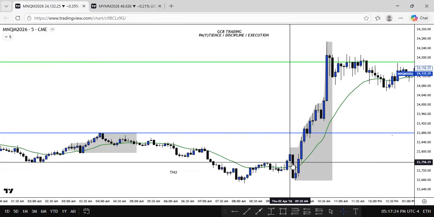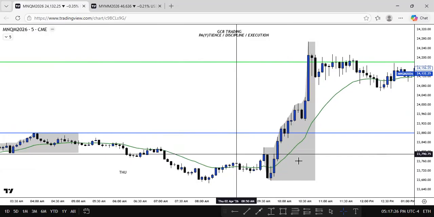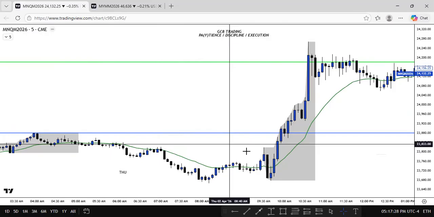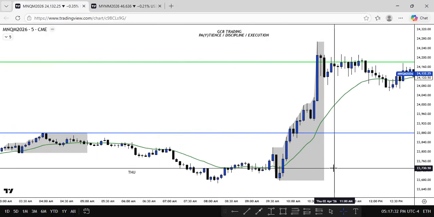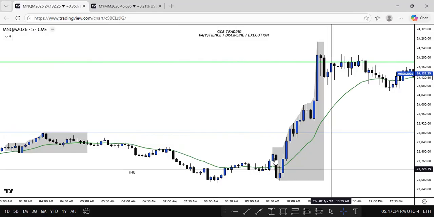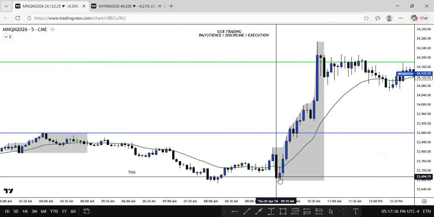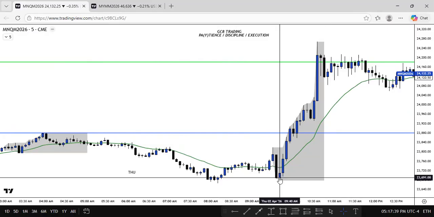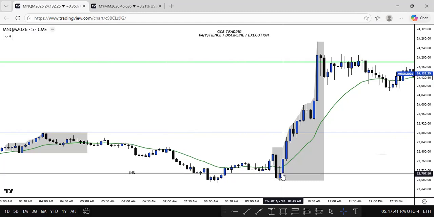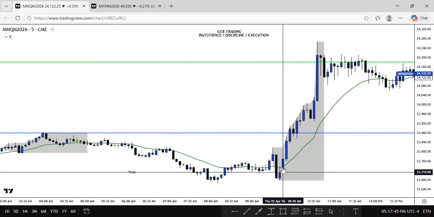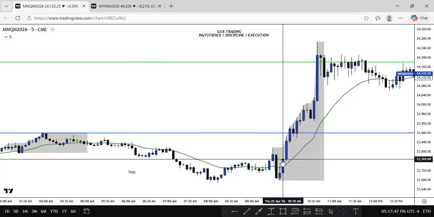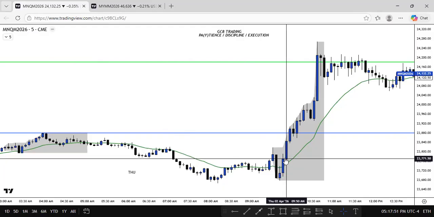Now I'm just waiting for price to confirm the reversal, to give me some sort of reversal candlestick pattern. As you can see, they pulled back once again, 15 minutes later, at 9:45. They gave a candle that closed back inside of our EMA, which is our universal entry criteria.